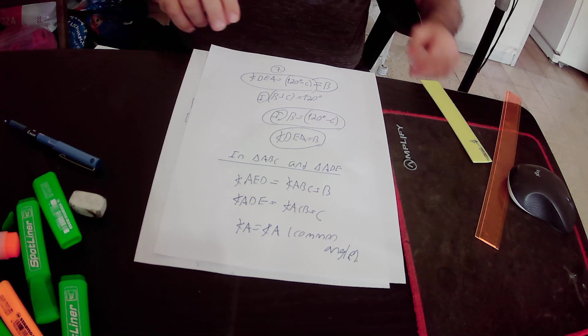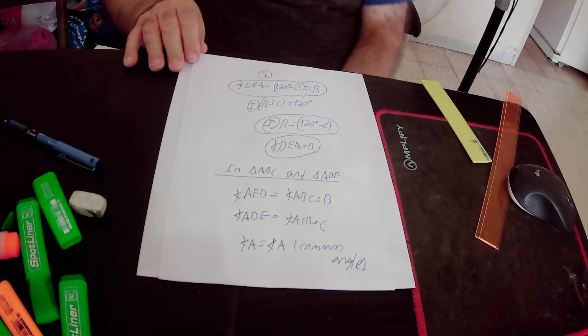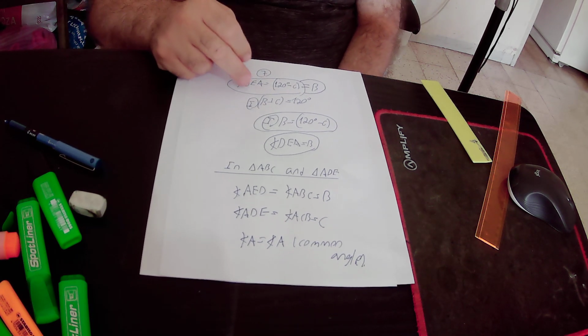But we have equation number 1 that states that B plus C equals 120 degrees.